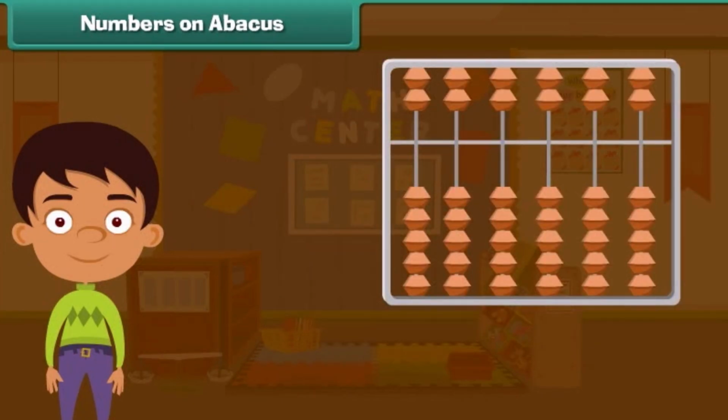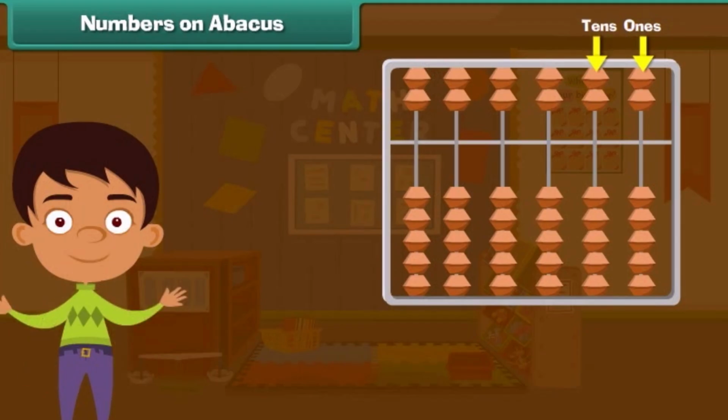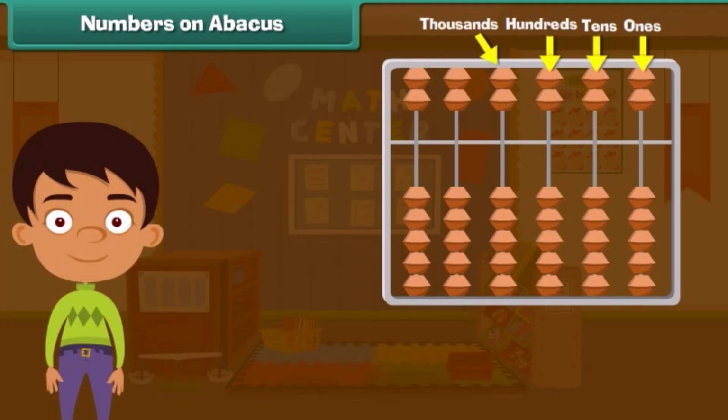Numbers on abacus. Each vertical rod in the abacus represents a place. The rightmost rod represents the ones place. The rod to its left represents the tens place, and so on. Let us move 3 beads on the lower deck of the ones rod towards the beam to represent number 3.